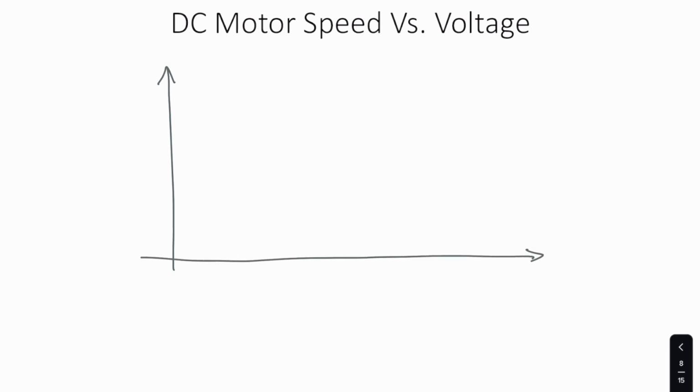What happens to the output, in this case speed, and we'll give that usually in radians per second, because it's the speed of the shaft, not necessarily the speed of your robot. What's the relationship with voltage? And that's given in volts.